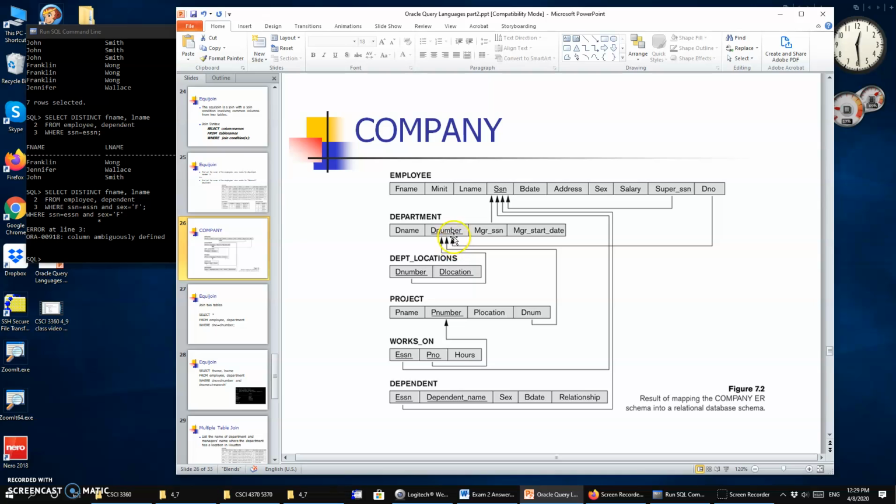DNO has a foreign key that goes to DNUMBER. That's what we are using as the equal sign over there. The same thing, remember, ESSN from dependent equals SSN, because we did form a foreign key indicating the two attributes are the same, within the same domain, and therefore we are able to reference each other.